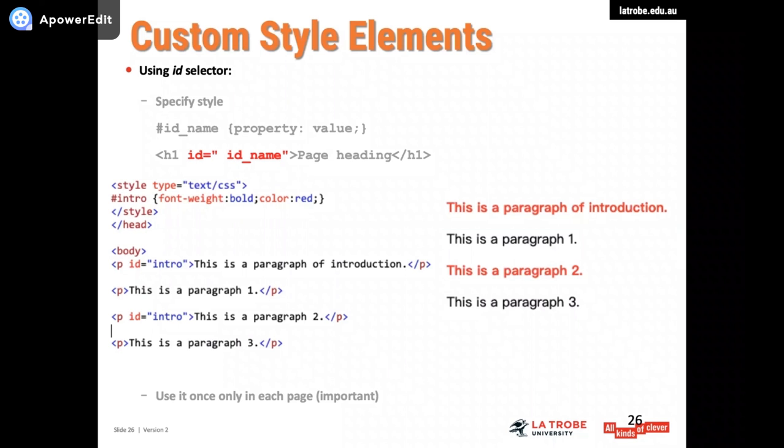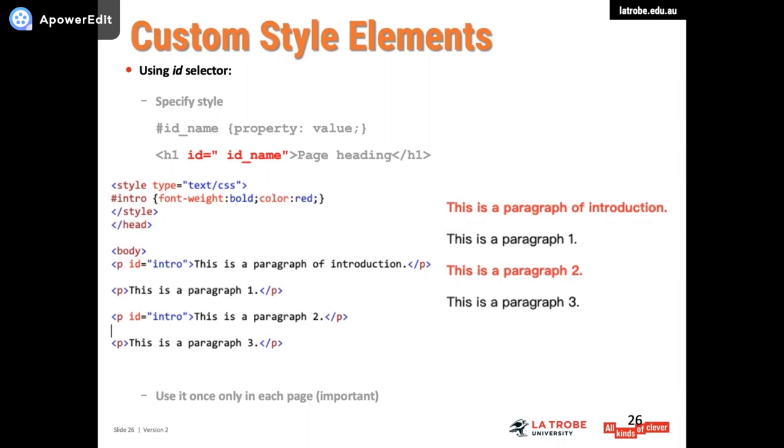The ID of an element is unique within the page, so the ID selector is used to select one unique element. To select an element with a specific ID, we need to write the hash character before it, followed by the ID of the element.